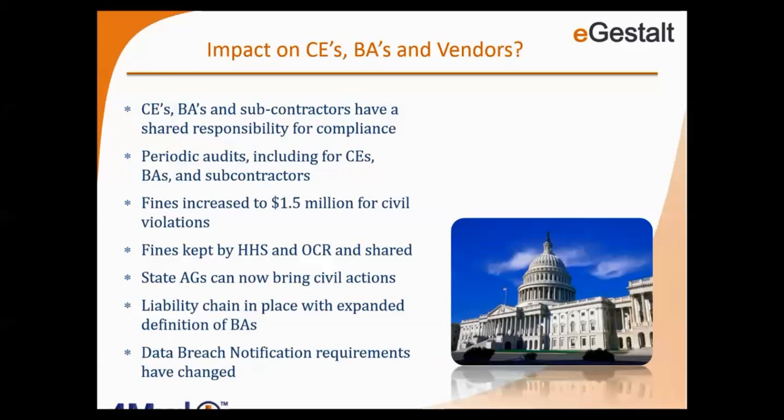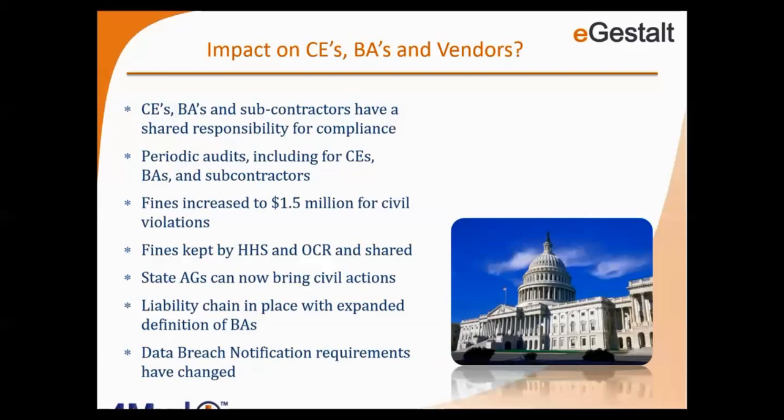So medical providers also share the responsibility, and they need to take steps to ensure that the BAs and the subcontractors that they work with are following the law and are HIPAA compliant, because otherwise CEs can be deemed to be willfully neglecting their responsibility.